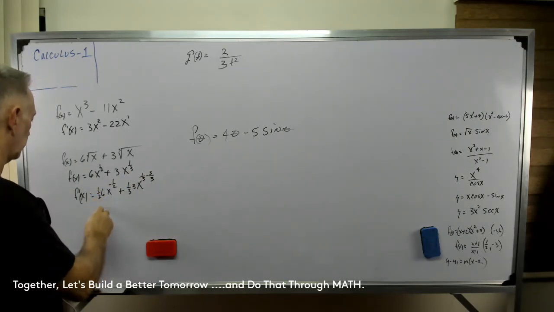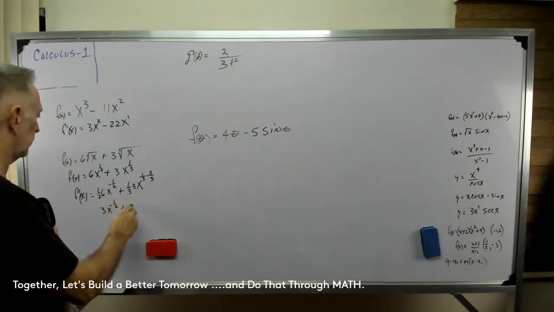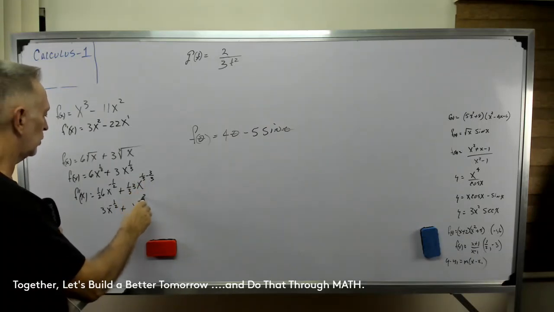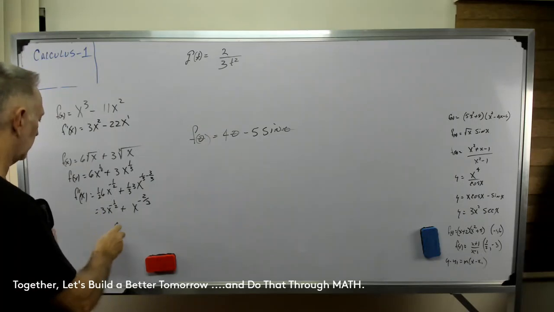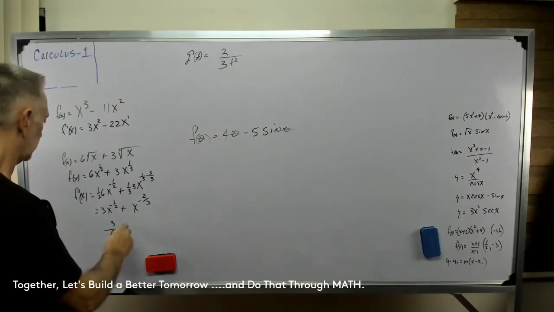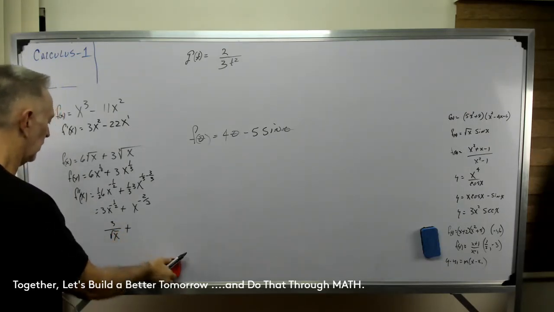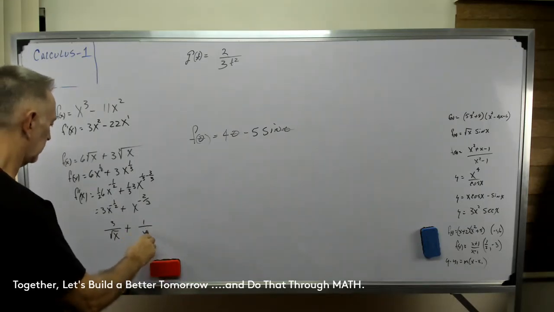So 6 over 2 gives us 3x to the negative 1/2 plus 3 times 1/3 is just 1, x to the negative 2/3. Okay, so we could write that as 3 over square root of x plus 1 over x to the 2/3.